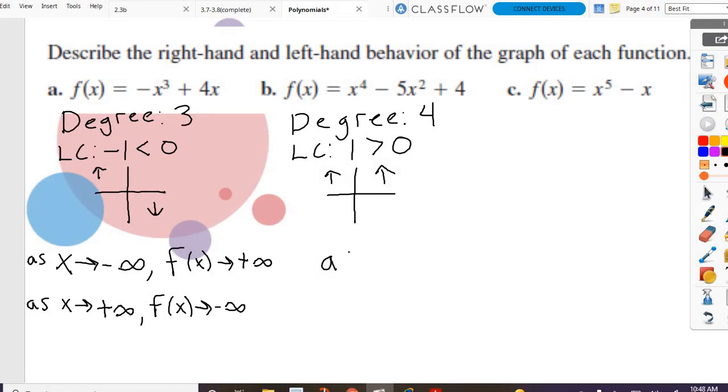So as x goes both ways, right, my f of x is going up. So instead of writing two statements, we could say as x goes towards positive or negative infinity, f of x is also going towards positive infinity. So it just cuts down on the writing to write it down as 1. But that's only if they're doing the same thing. If they're doing opposite things, then we have to write two statements.